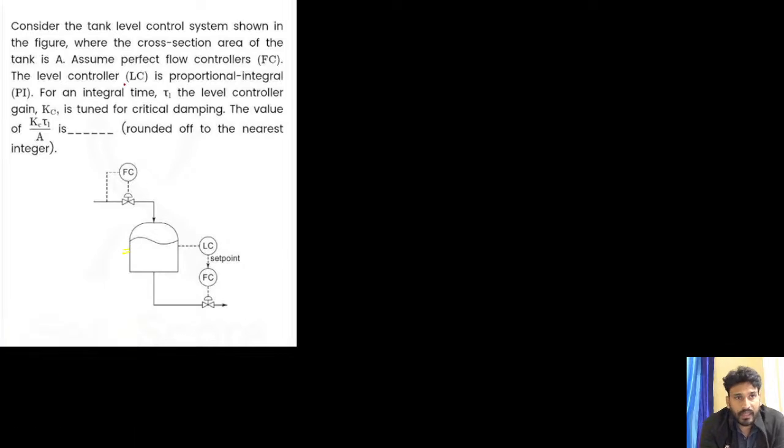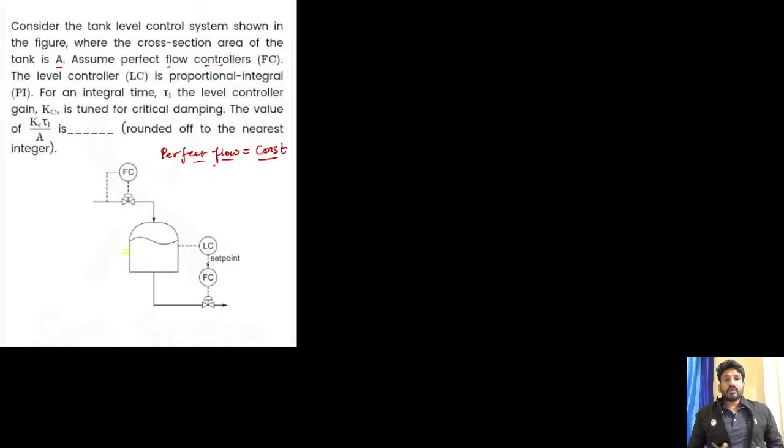Okay, and where the cross section area of the tank is A, and assume perfect flow controller. Perfect flow means, what is the meaning of perfect flow? Perfect flow means that we are getting any constant flow rate. We are getting the constant flow rate here.